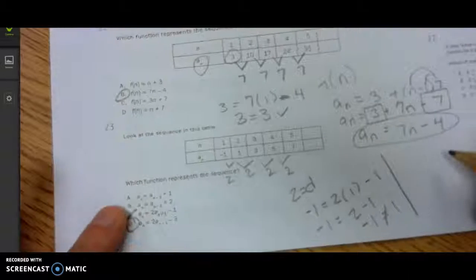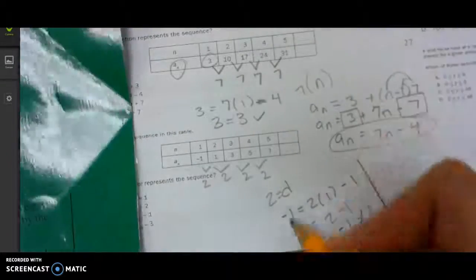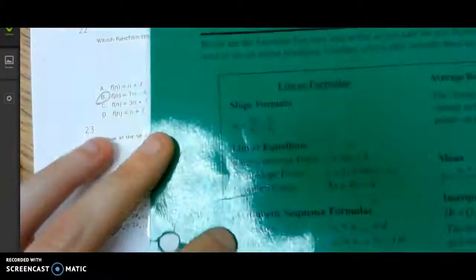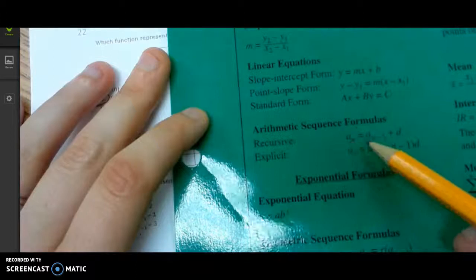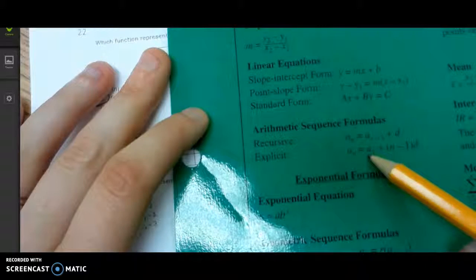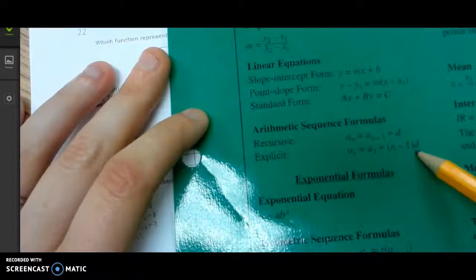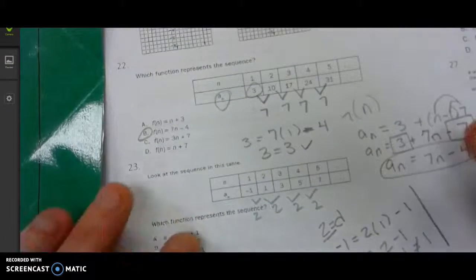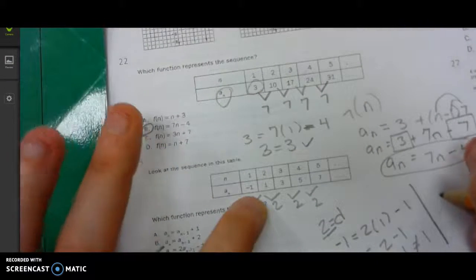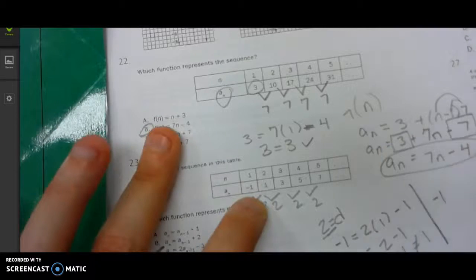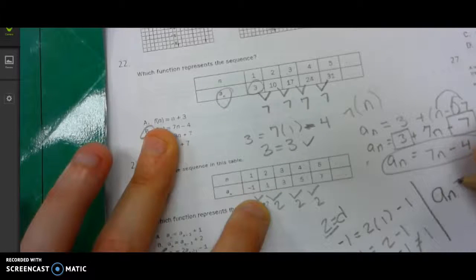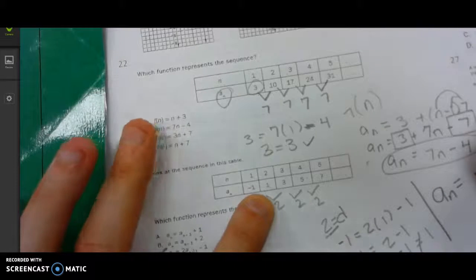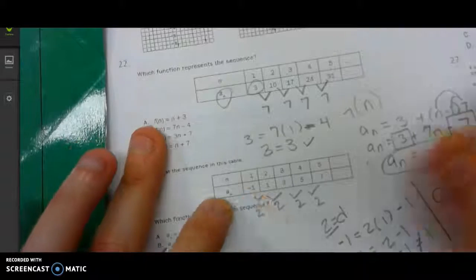Now if I do it with the arithmetic sequence, I said D was equal to 2. So let's go over here. For my arithmetic sequence, we've got an equals the first an plus n minus 1 d. So we've got an, because this is for all an's, is equal to the first one, which is -1.